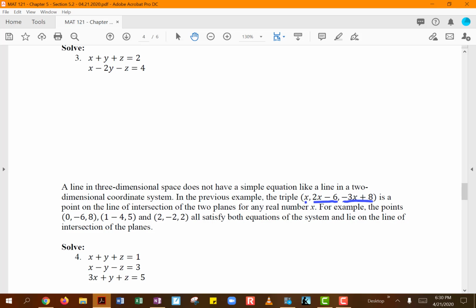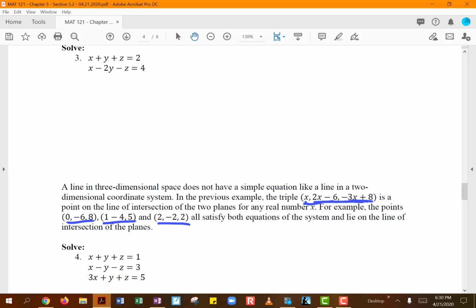So if you're defining your ordered triple in terms of x values, this will be basically a point on the line of intersection of the two planes for any value of x, right? Any real number x. So we are saying the ordered triples (0, -6, 8), (1, -4, 5), and (2, -2, 2) will all be points that satisfy both the equations in this system.